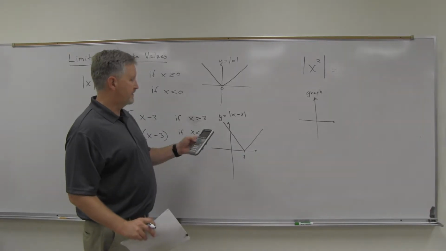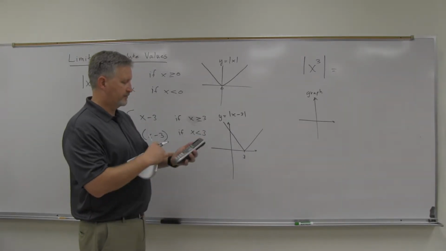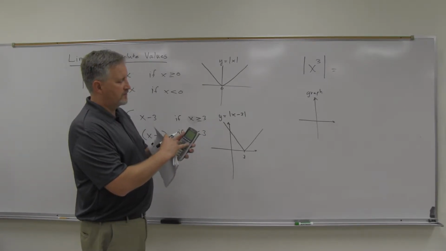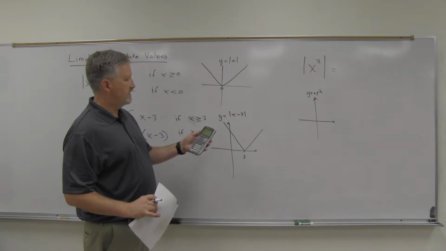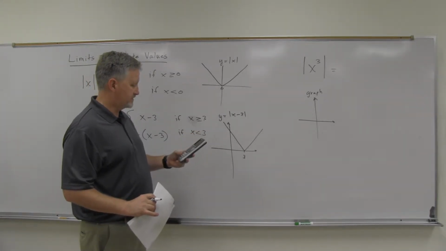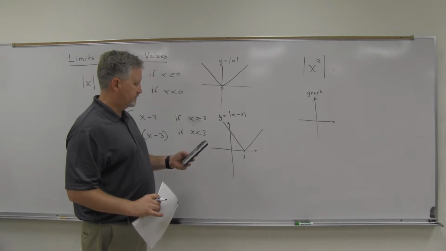So if you go to math on the TIs, if you have Casio, it's a little different, but it's under math, and then arrow over to the num screen, and ABS is right at the top. So absolute value would be ABS of x cubed.